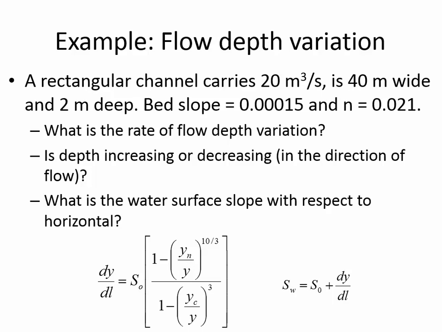So the slope of the water surface, SW, is going to be S naught plus dy dl. And so that is negative 1.5 times 10 to the minus fourth plus 1.39 times 10 to the minus fourth, which means the slope of the water surface is going to be negative 1.1 times 10 to the minus fifth.